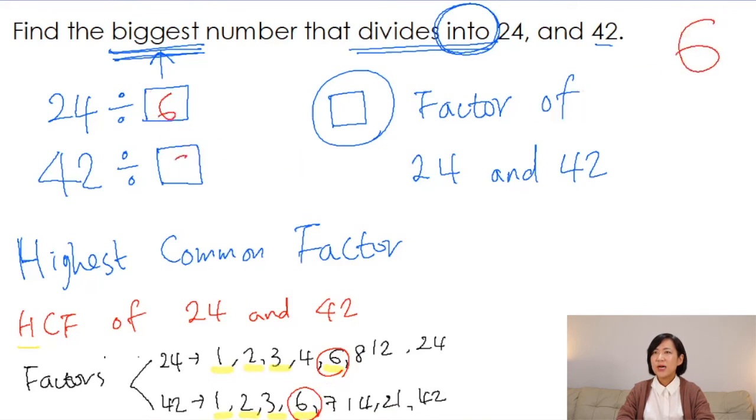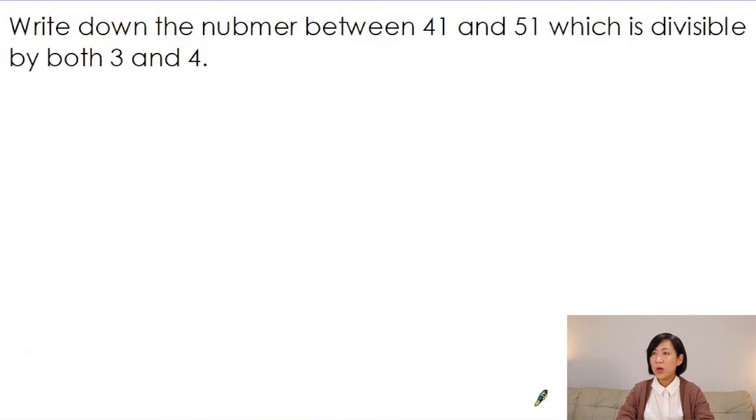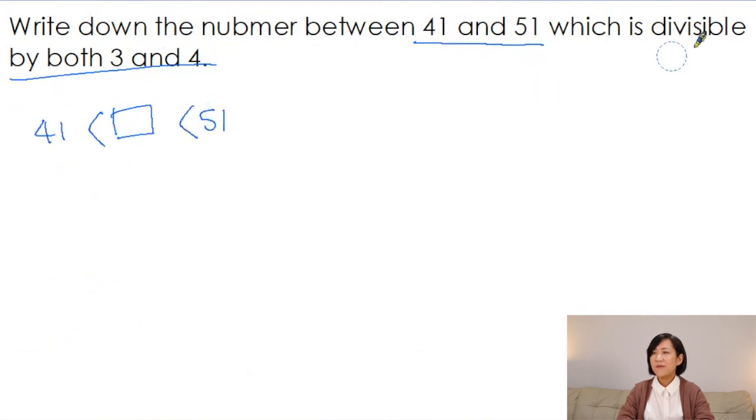Now write down the number between 41 and 51 which is divisible by both 3 and 4. So let's think about our keyword. You need to look for the number that is in between 41 and 51. Then you can divide the number by, we don't know the number, but at least we know that this number is somewhere between 41 and 51.